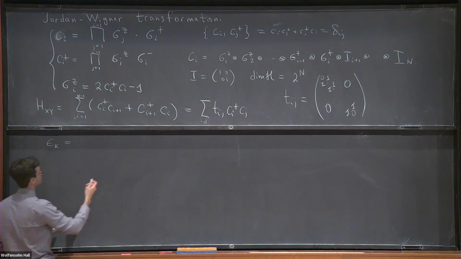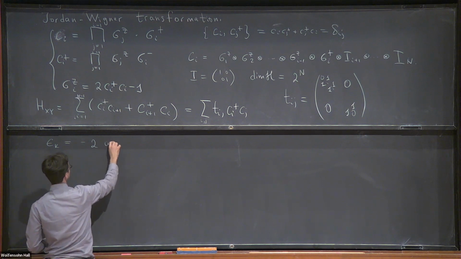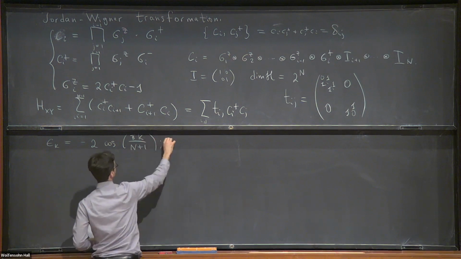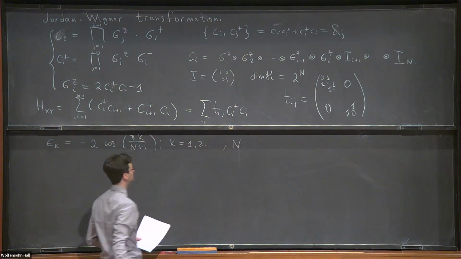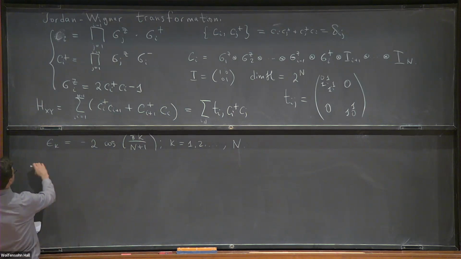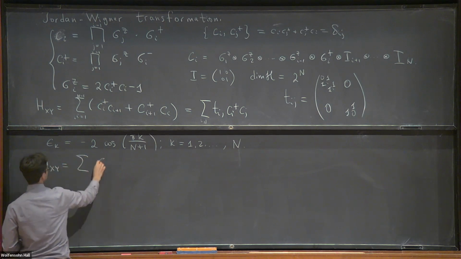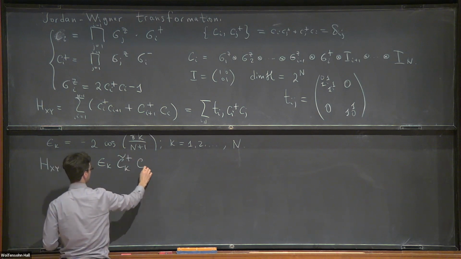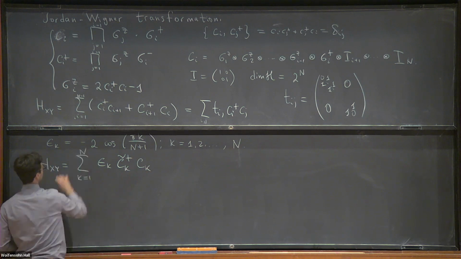So it's the single particle energies. I can write it as epsilon_k = -2 cos(πk/(n+1)), where k goes from 1 to n. And with this spectrum, I can write my XY Hamiltonian as a sum over epsilon_k, with new fermionic operators, c twiddle k, c_k, where k goes from 1 to n.